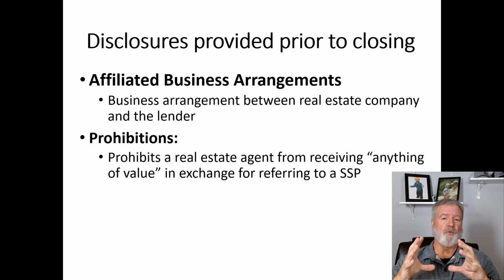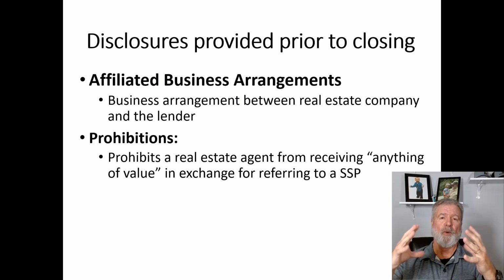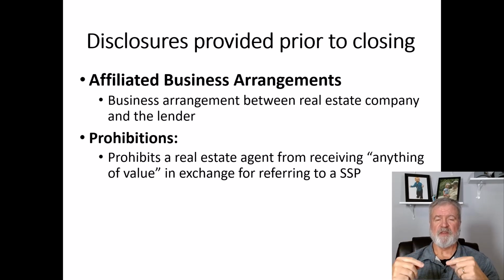So, in essence, we've kind of figured out a way to get around this requirement or this law. They'll form a business entity where maybe the lender will own half the entity and the real estate company will own the other half. Basically, any loans that are processed through this affiliated business arrangement, because the real estate company actually owns a portion of the entity, they can actually claim some of the profits from the loan.